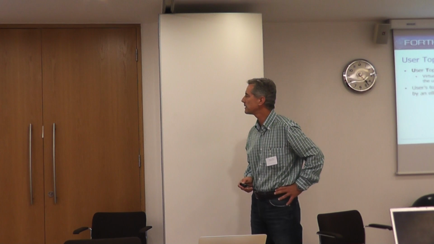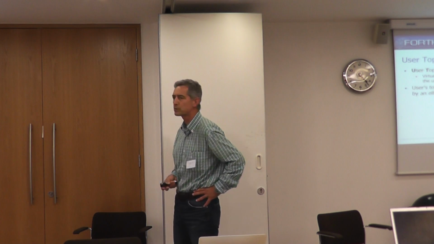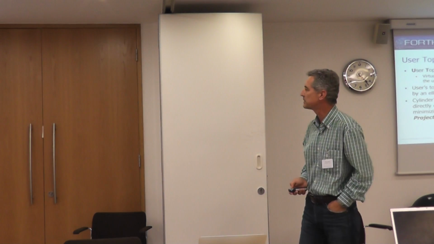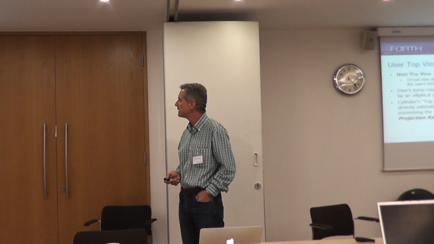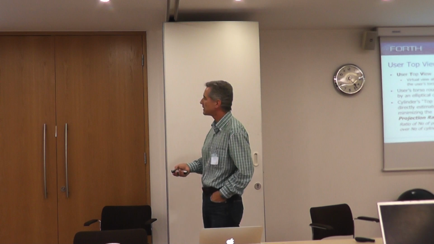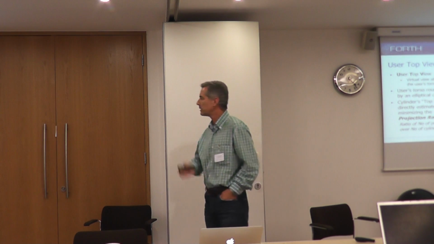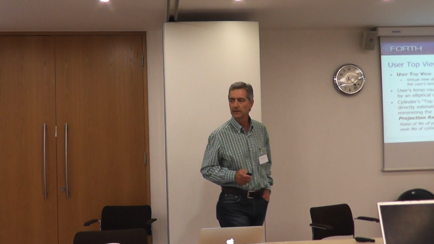Now, if we assume a modeling of the user torso as a cylinder, and actually an elliptical cylinder, then this view can be estimated by minimizing a projection ratio, and this ratio is nothing but the number of reprojected points over the total number of the cylinder points.